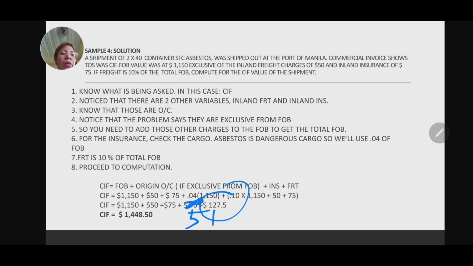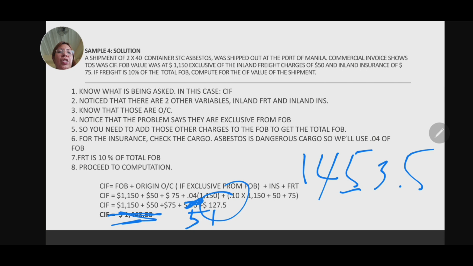So when we add to get the CIF value, that will be 1,150 plus 50 plus 75 plus your insurance, which is 51, plus your freight, which is 127.5. You'll get your CIF value of 1,453.5 and not 1,488, because I initially based the insurance on the given 1,150, which is not the final FOB yet.